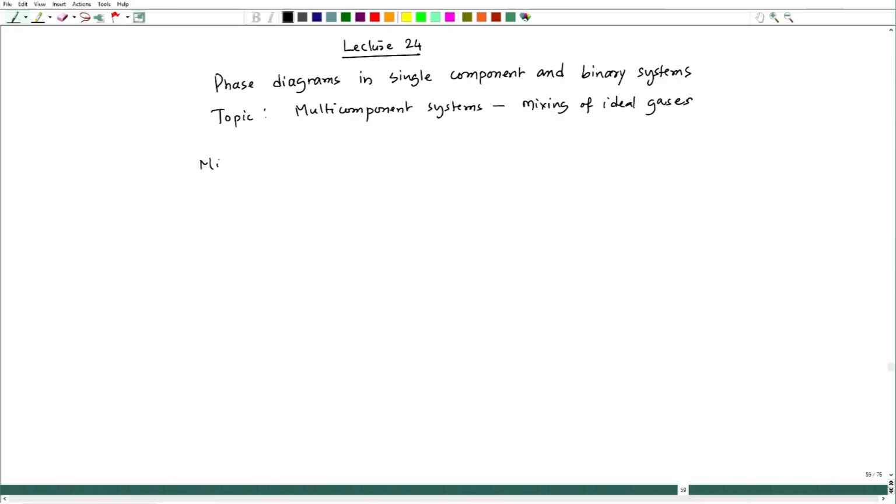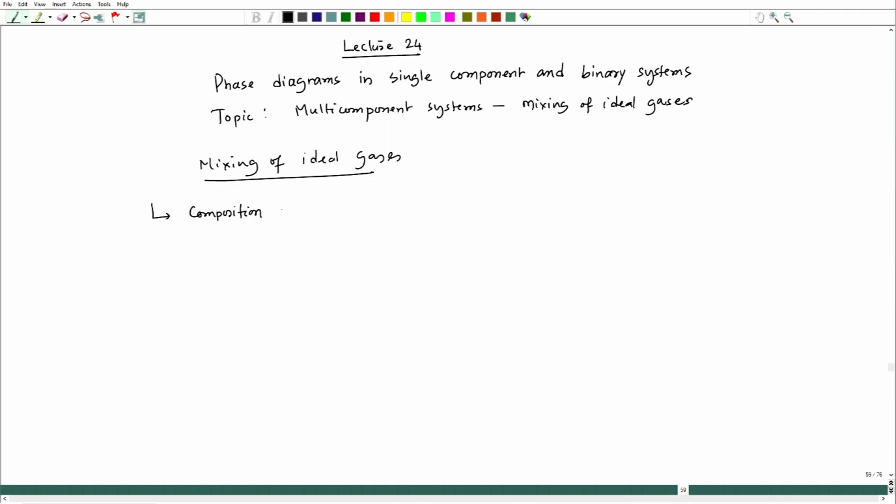Now, today we will talk on mixing of ideal gases. When we talk about mixing of ideal gases, we need to understand the composition.